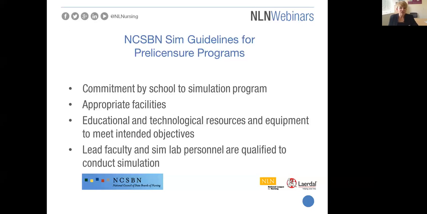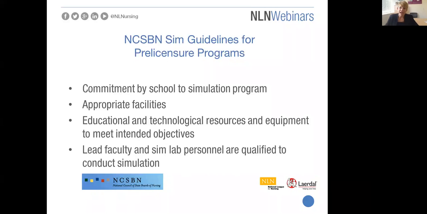The educational and technological resources and equipment should be used to meet intended learning outcomes. It puts some teeth into the fact that we're not just running sims for the sake of it being an interesting experience, but that we're intentionally measuring the learning outcomes in simulation. And that faculty and sim lab personnel are qualified to conduct simulation.